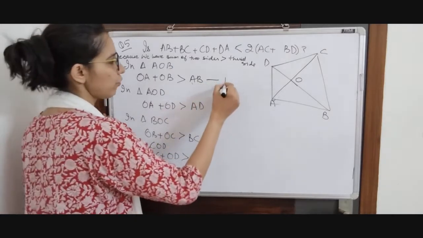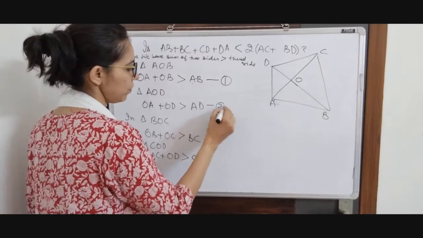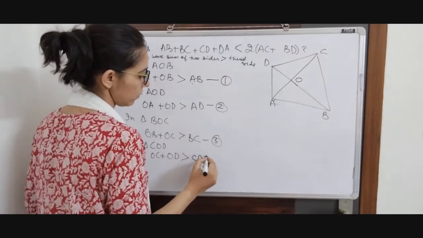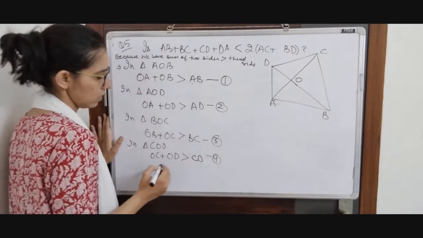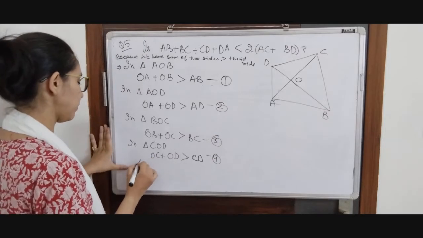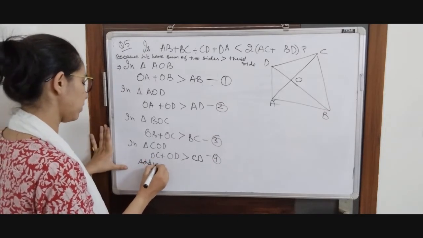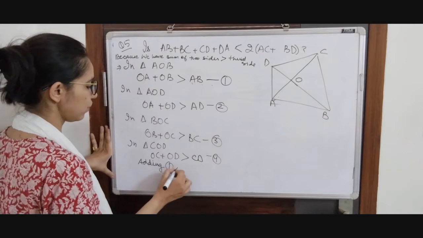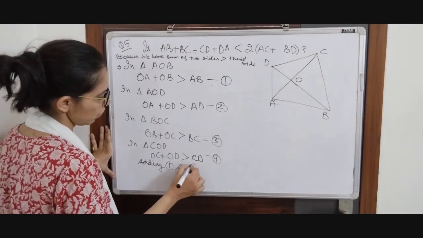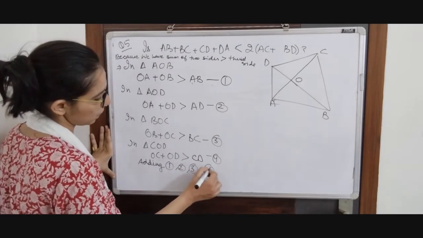So now we have 4 equations, 1, 2, 3 and 4. So we are going to add them up.